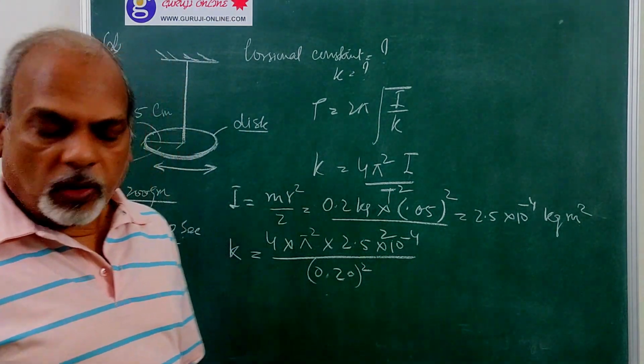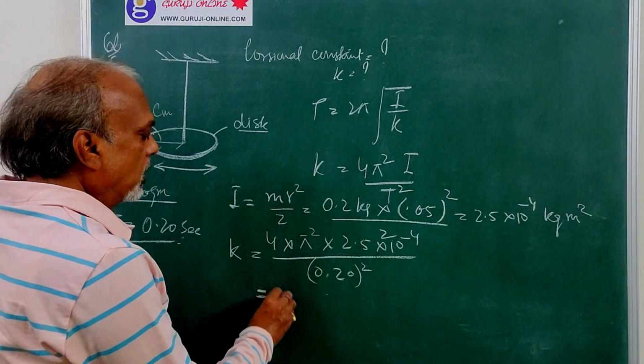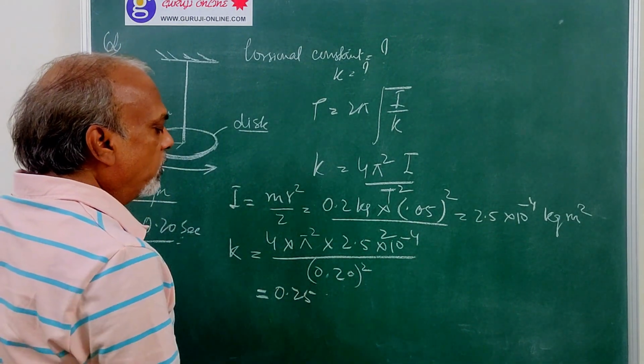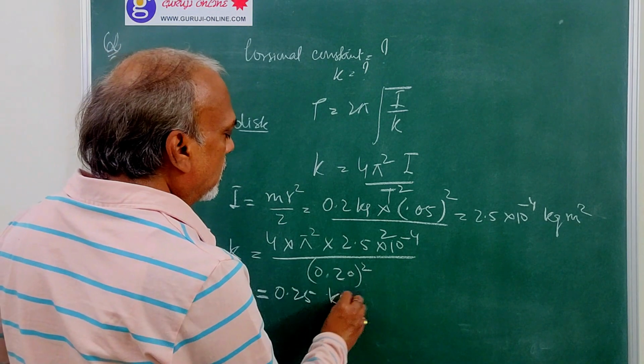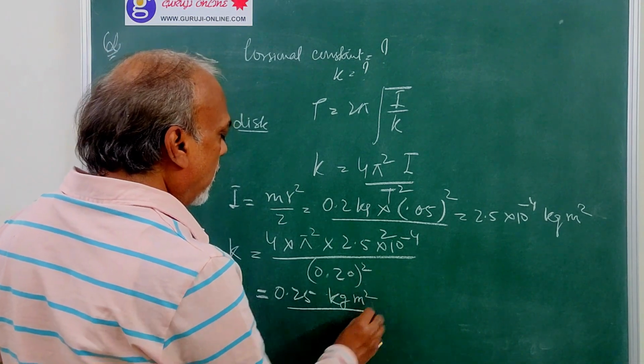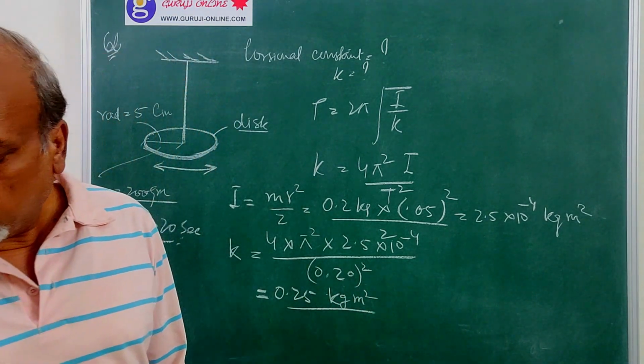So what is the value? The torsional constant is nothing but 0.25 kg meter square upon second square.